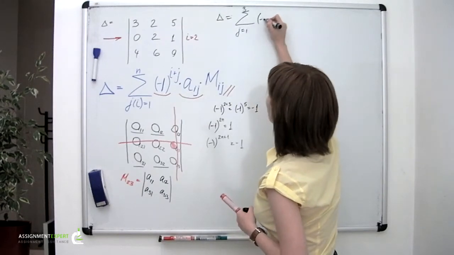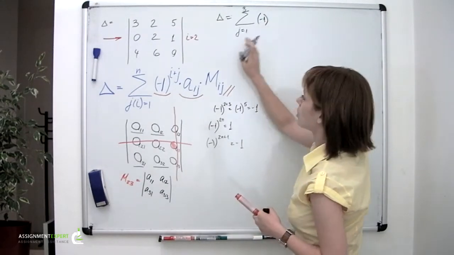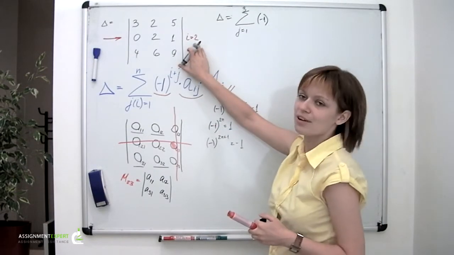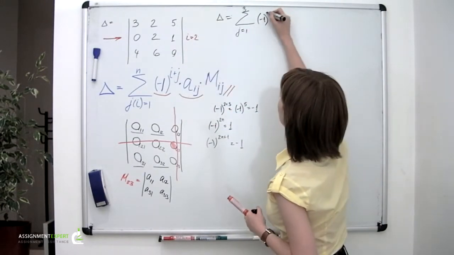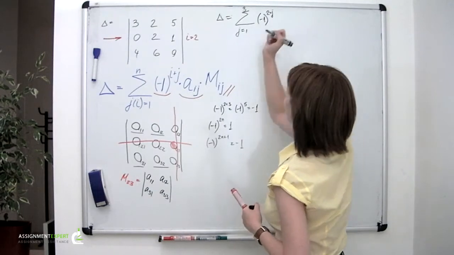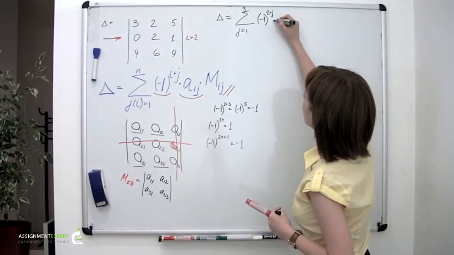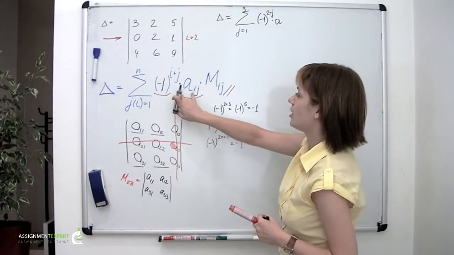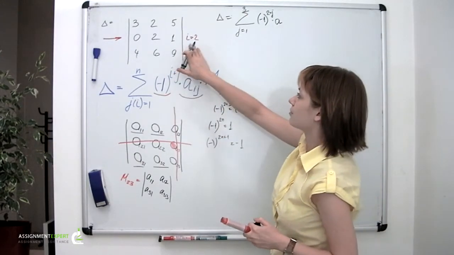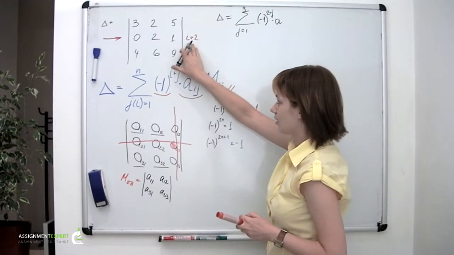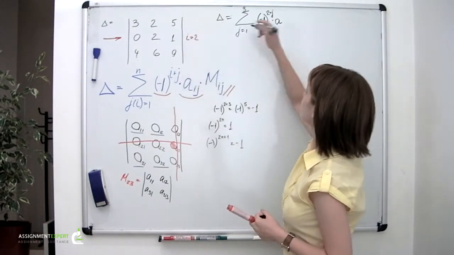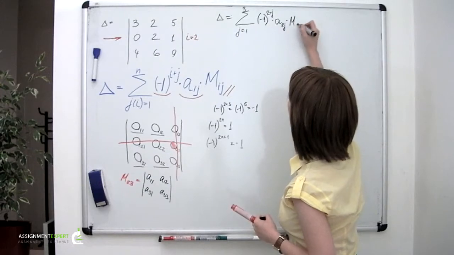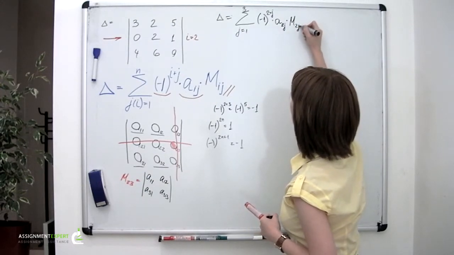And then minus 1 taken to the power of i plus j, but we have just set i to a value of 2, so we can write down 2 plus j at once. And then multiplied by a_ij, then again we have set i to a value of 2, so a_2j, and then M_2j.